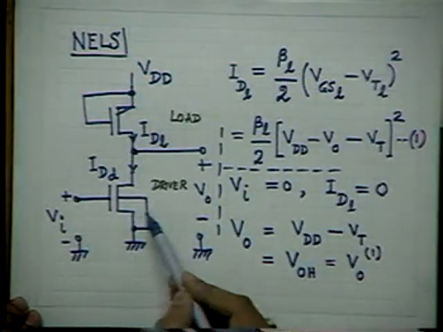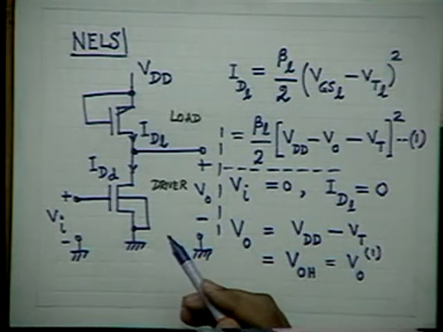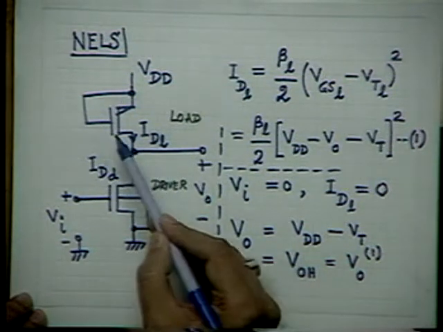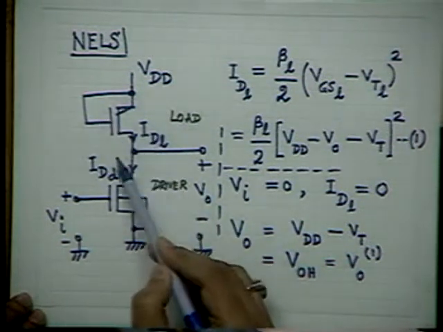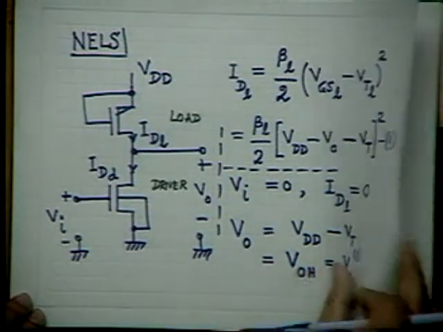Above VT, the transistor will be on, and then gradually it will become more and more conducting. And we can superimpose on that set of output characteristics the load line which is offered by this active load. Okay? So let us do that now.